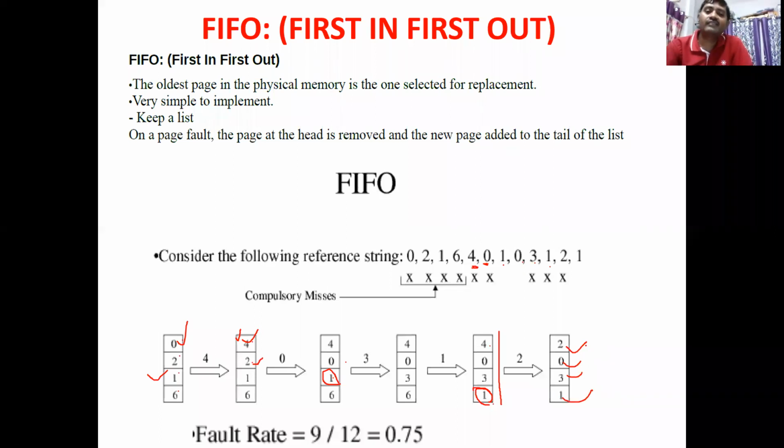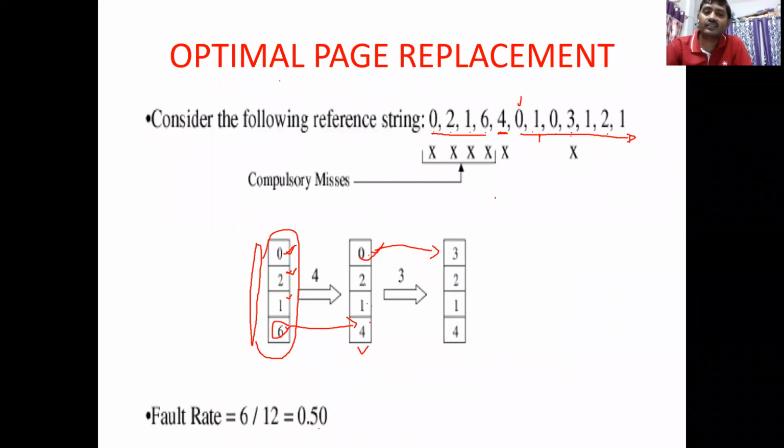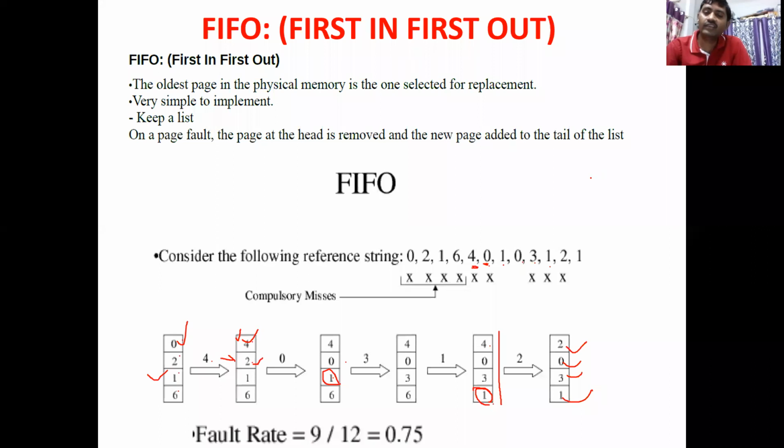One of the disadvantages is here: see, 0 2 1 6, next 4 is entered, but the immediate reference is 0, yet you are replacing it and then referring to it again. This is sometimes a disadvantage. But in the optimal algorithm, the future cannot be predicted; it is looking forward, and here it is looking backward.